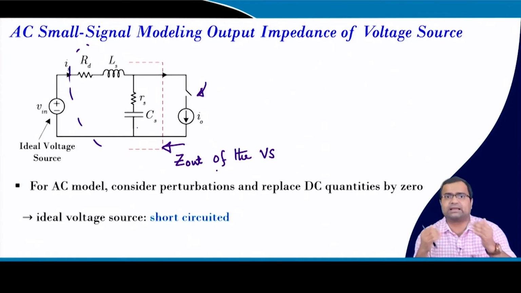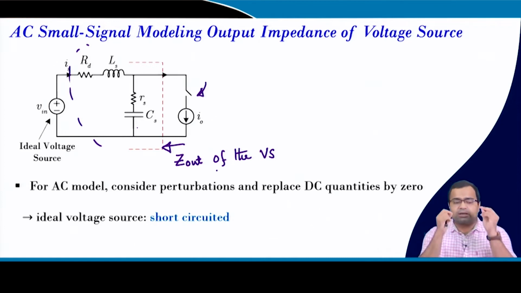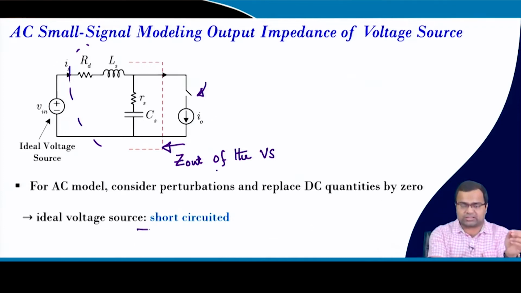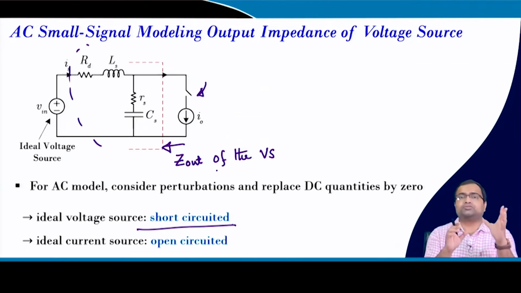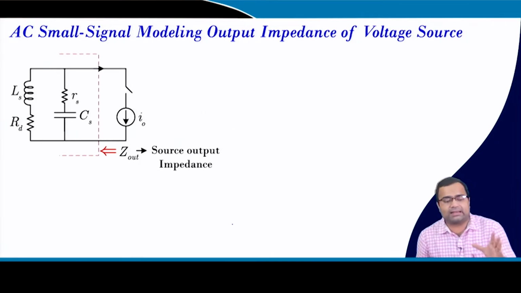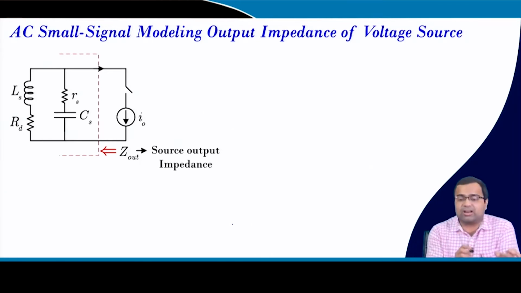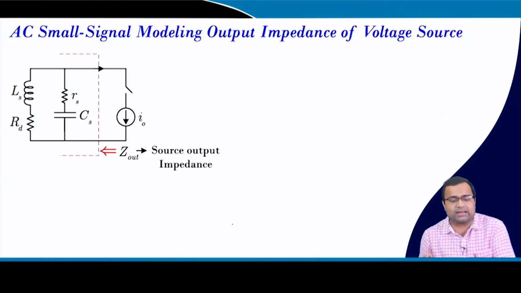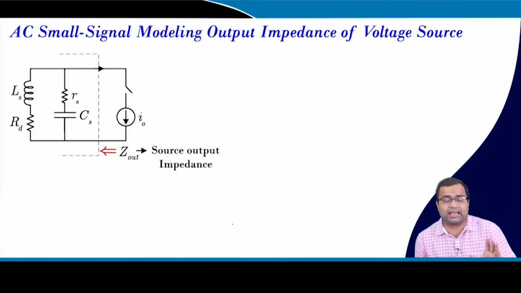In order to extract the AC equivalent circuit, we generally keep all the DC quantities at 0. So an ideal voltage source should be short circuited and an ideal current source should be open circuited, because we want to replace the current with 0. Then we can get the AC equivalent model of the output impedance of the source, like a parallel branch of an LC circuit with parasitic resistance.